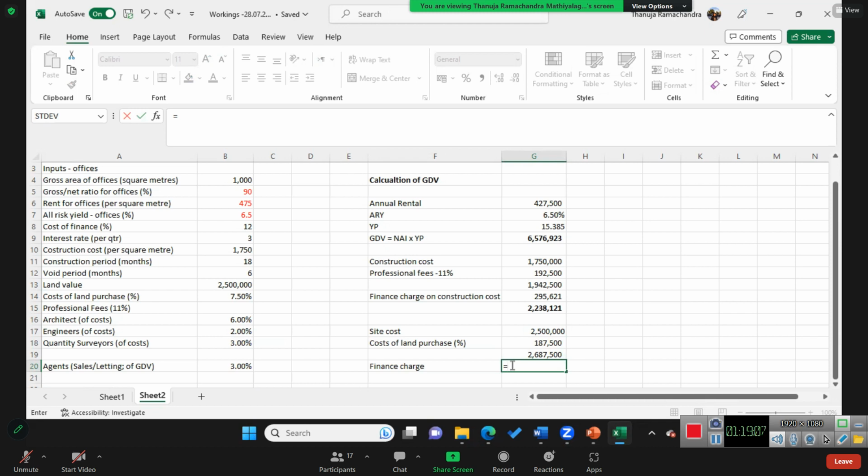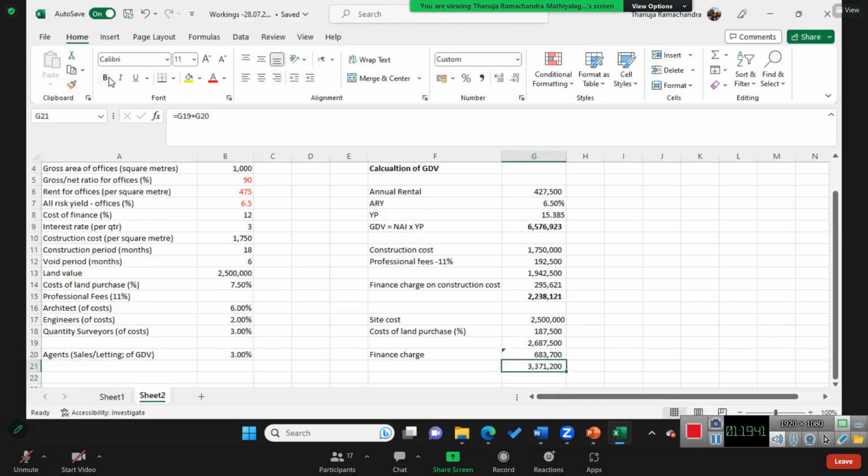So that is 18 months plus the void period also 24 months. So it's altogether 2 years, right? 1 plus 12% to the power 2 minus this. Right. So then the total of that is this plus this. Okay. So that's one. That is for the site, and this is for this, and this is GDV.